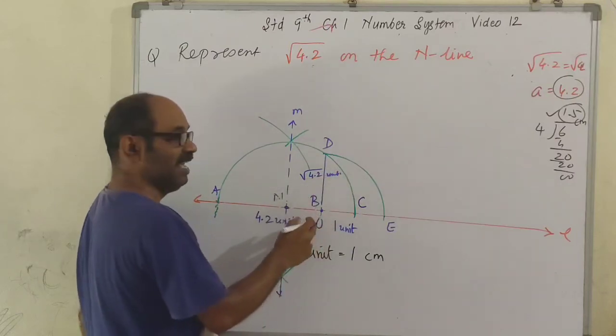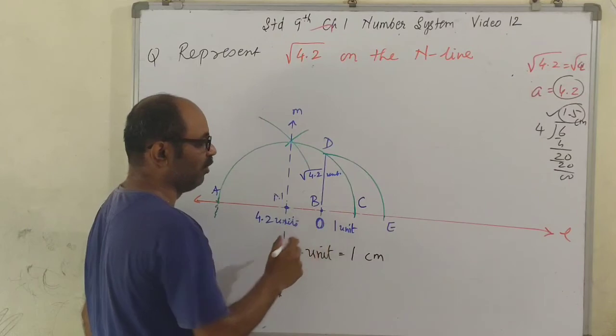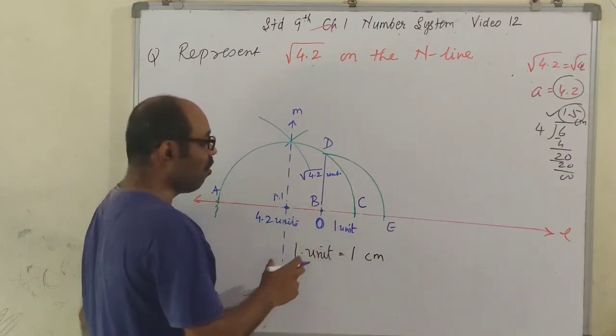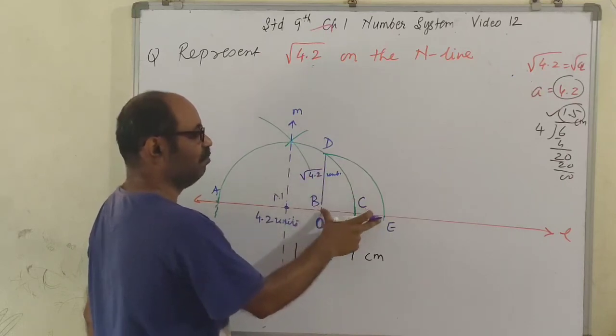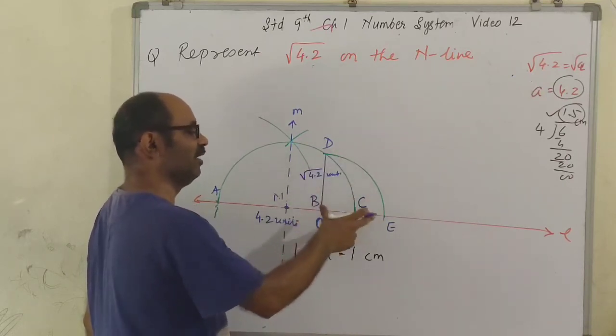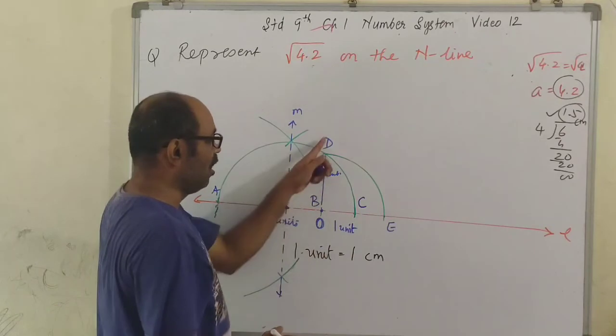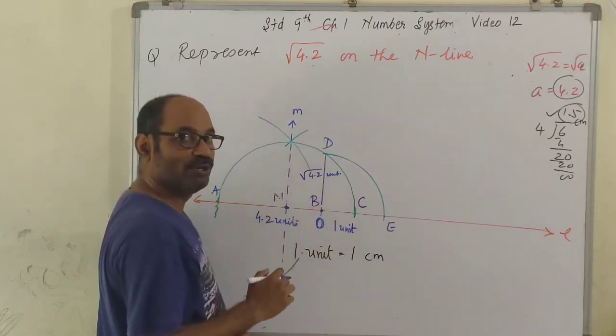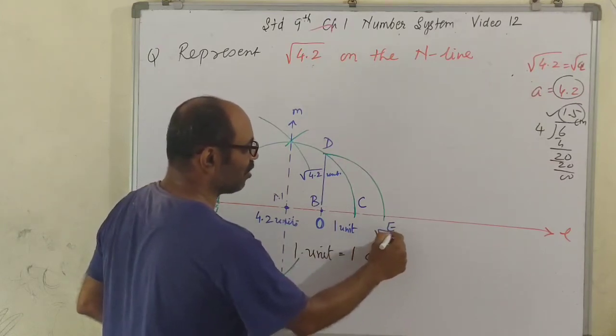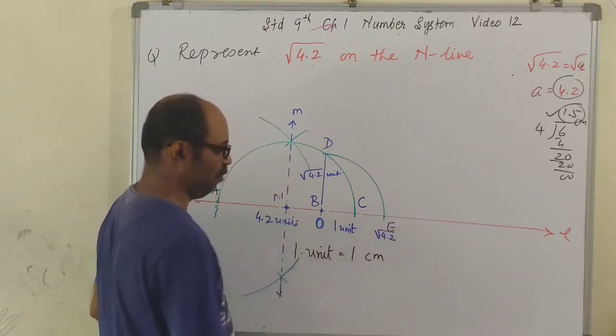Now I'm calling this B as origin. So the number corresponding to it is 0. Now this BD is root 4.2 units. BE is the same radius, so it is also root 4.2 units. Because B is origin and BE is root 4.2 units, the number corresponding to E is root 4.2.